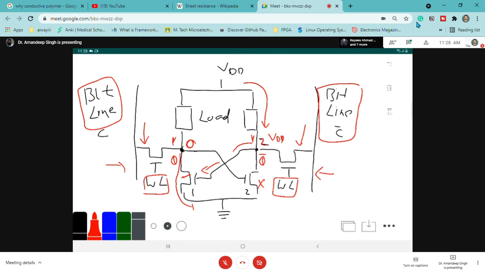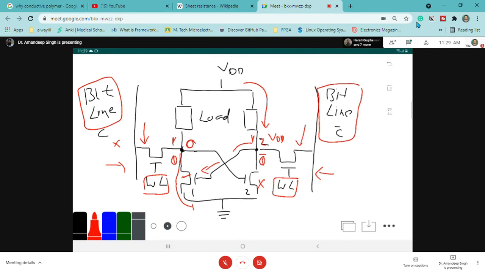Okay, so further, this SRAM can consist of resistive load, depletion load, or full CMOS. So we use basically full CMOS because it consumes less power. Why? Because most of the time we don't perform read-write operation, it is only storing the data.